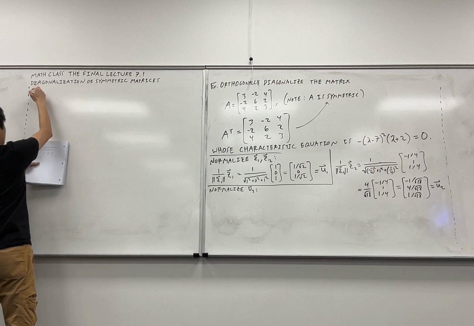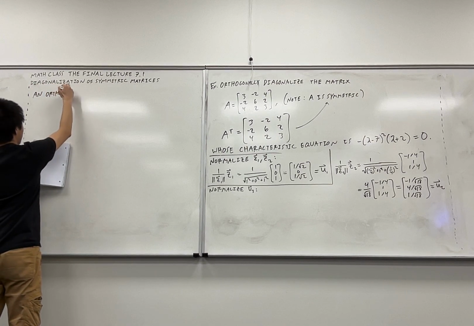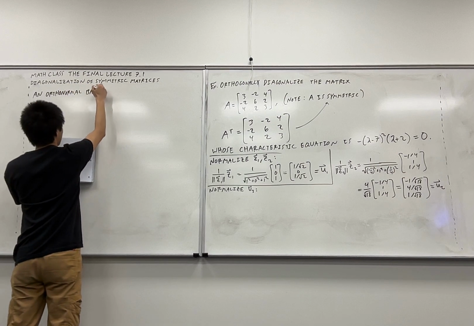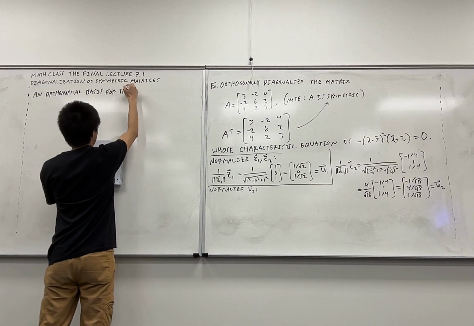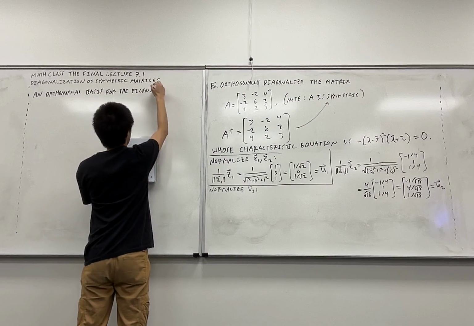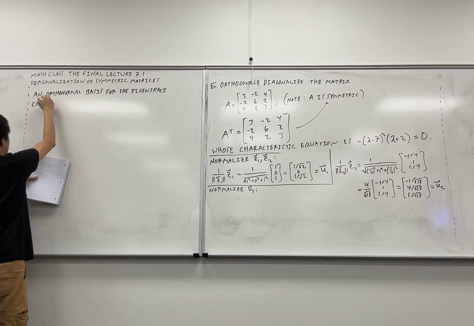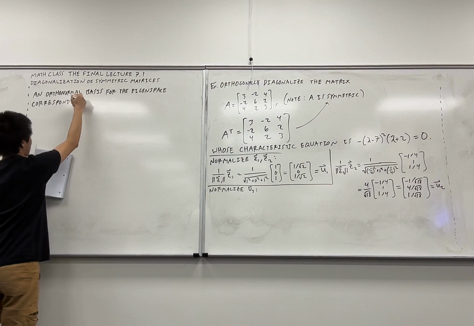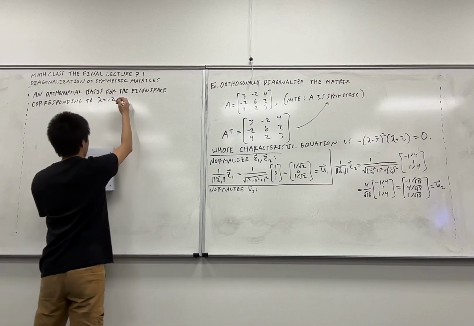So we want an orthonormal basis for the eigenspace corresponding to the other eigenvalue that we didn't do yet, corresponding to lambda equal to minus 2.